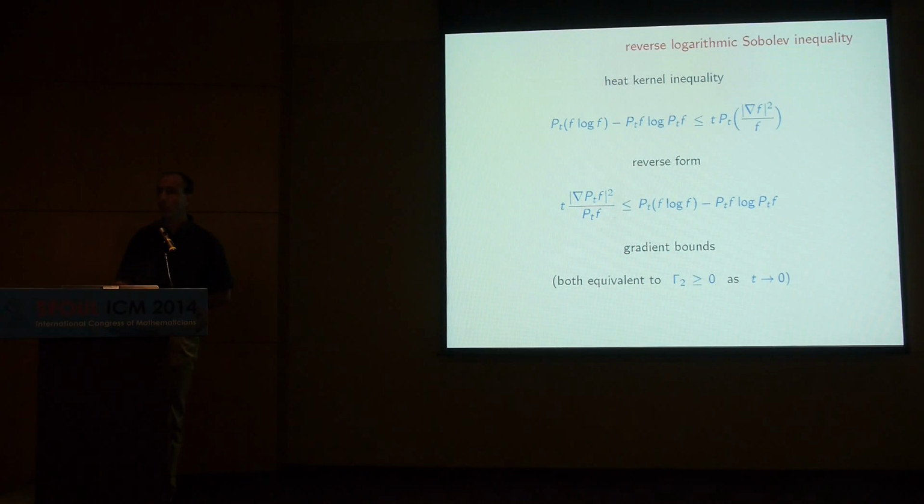First of all, by observing that exactly the same argument produces inequalities in the other direction, namely lower bounds on the relative entropy, with a similar type of Fisher information, but slightly different. And this reverse form of the logarithmic Sobolev inequality is extremely useful in the study of gradient bounds, and we will come back to it later on.